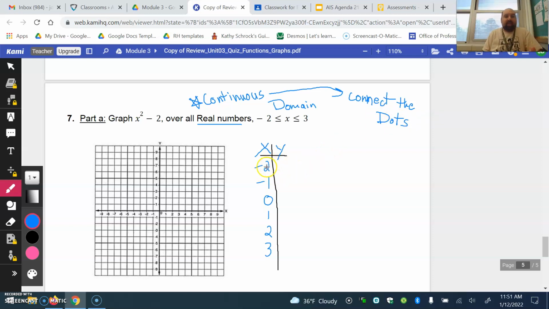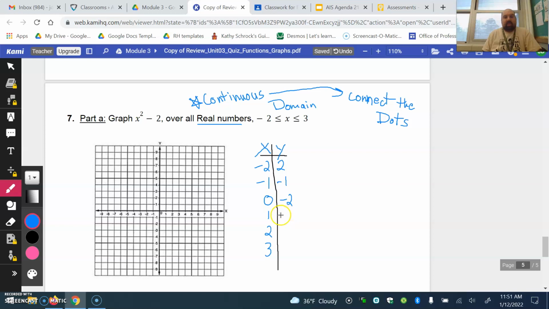All right, so if I plug in -2, you can use your calculator. -2 squared is 4, 4 minus 2 is 2. -1 squared is 1, minus 2 is -1. 0 squared is 0, minus 2 is -2.